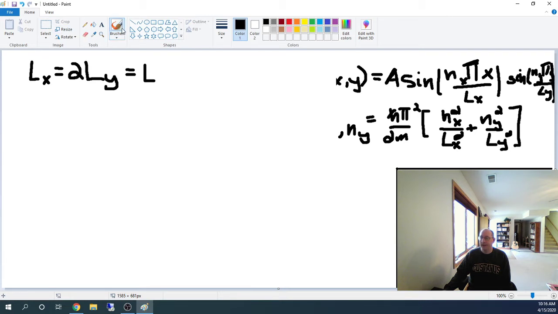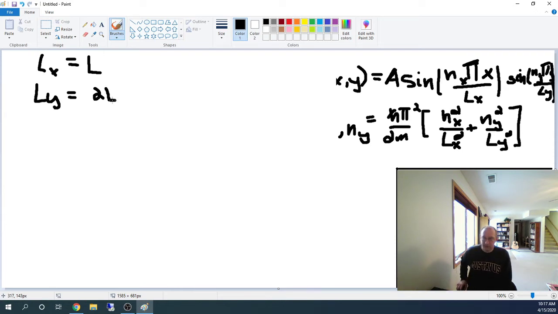Let's get rid of that idea. Let's just change my idea here about what I want to call these things. So let's say that L sub x has a length which is equal to L, just a general L. And then L sub y is twice as big, 2 times L, which is twice as big as the x direction.